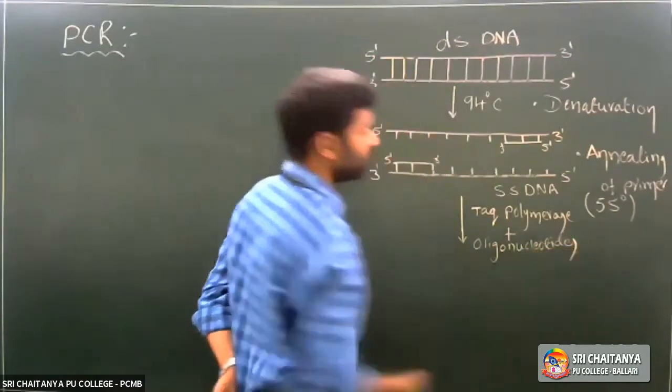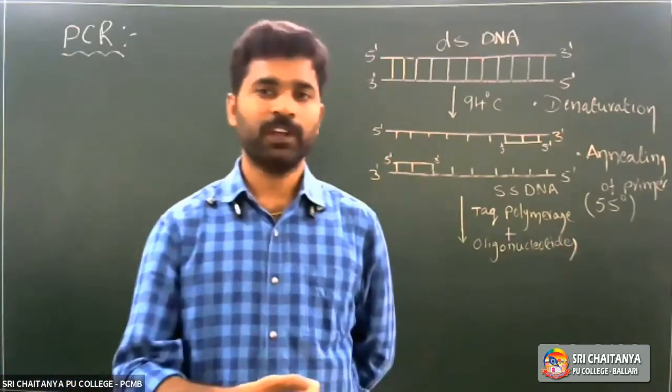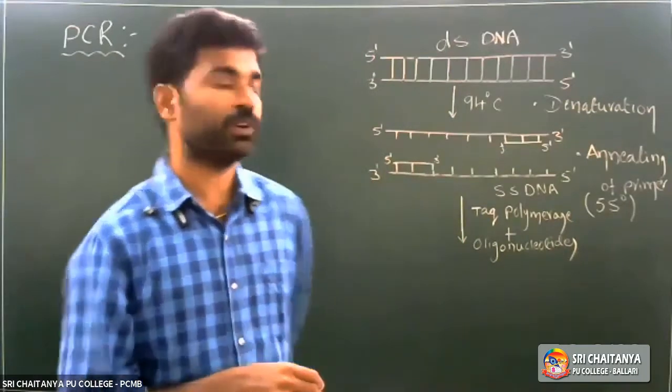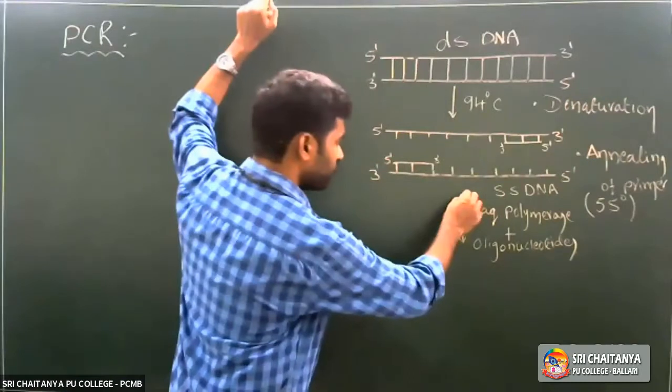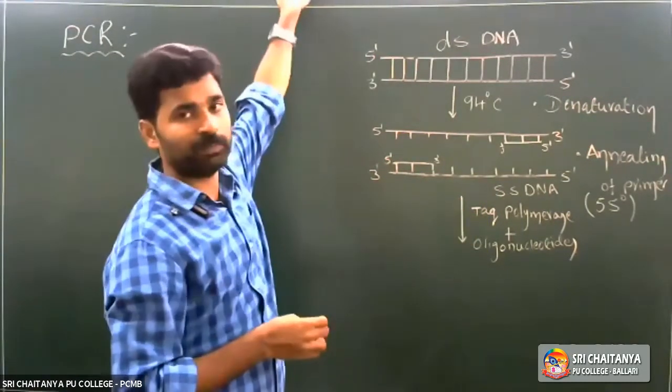So what are oligonucleotides? They are nothing but deoxyribonucleotides. Why? Because it is a DNA molecule, right? So the oligonucleotides and Taq polymerase enzyme are also added to the PCR machine.